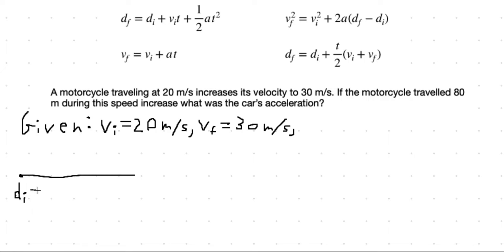So di is going to be 0 meters. So then it's going to travel 80 meters. So the final position, df, is going to be 80 meters. So let's write that in our givens here then.